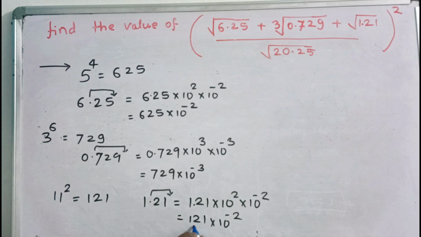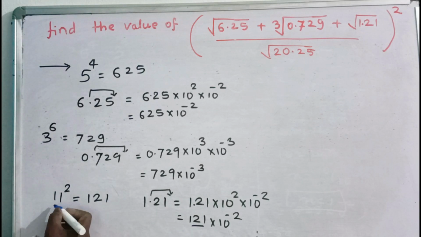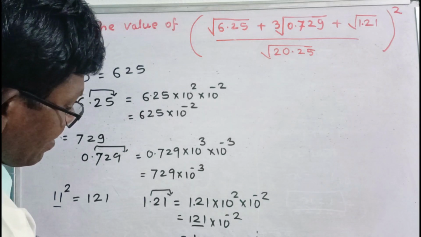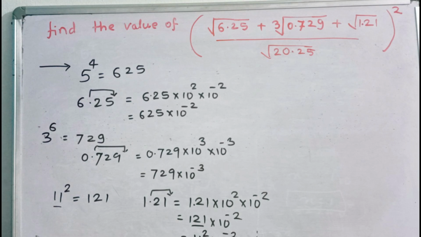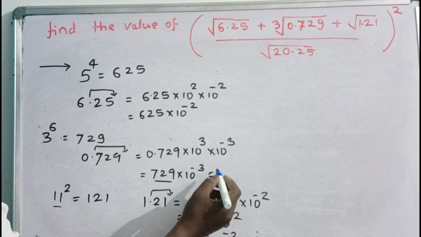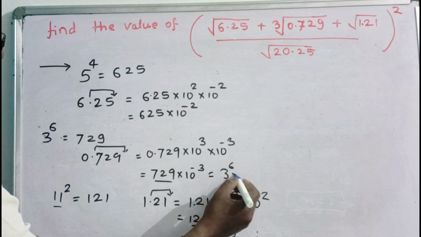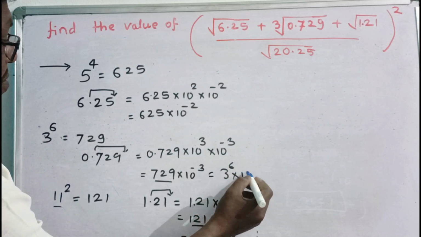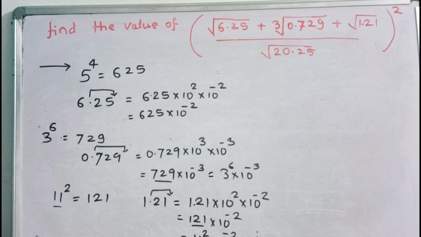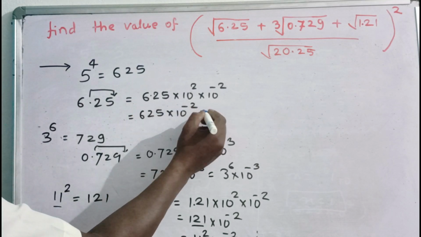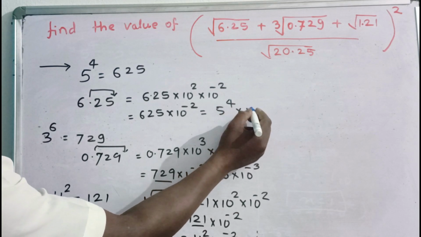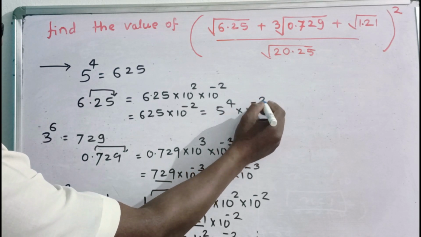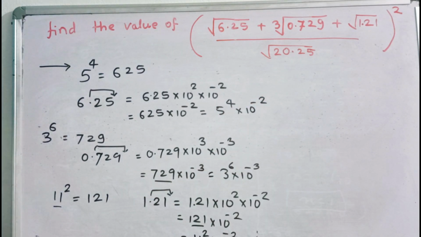Now, instead of this, we can write 11 square into 10 to the power minus 2. 3 raised to the power 6 into 10 to the power minus 3. Here 5 raised to the power 4 into 10 to the power minus 2.